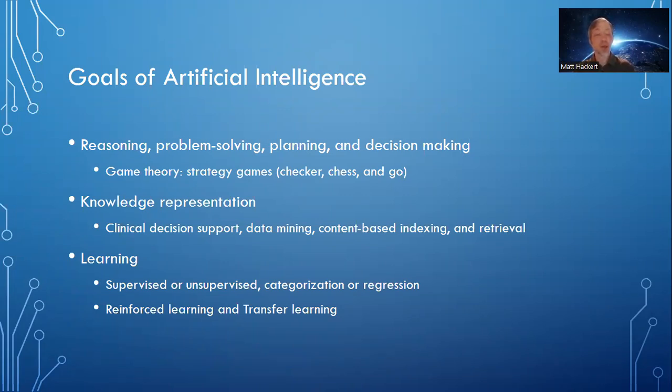And then there's been different approaches in reinforced learning and then transfer learning. So once a system has mastered a set of skills, trying to teach it in various ways to transfer that to unique problems that it hasn't seen before.